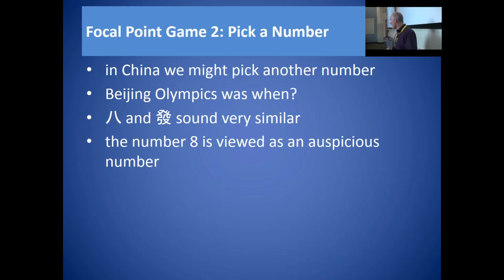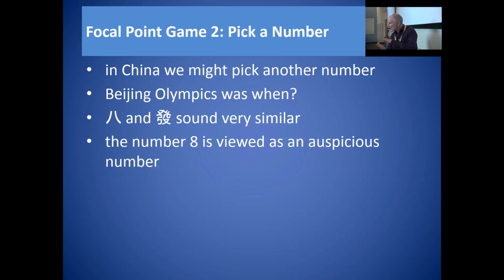If you go from Amsterdam to Hong Kong, you fly on KLM flight 888. Next time you're at the airport, look at the arrivals and departures. Look at the flight codes, an awful lot of flights to and from China will have 8 in them because of this idea of good luck or auspiciousness.